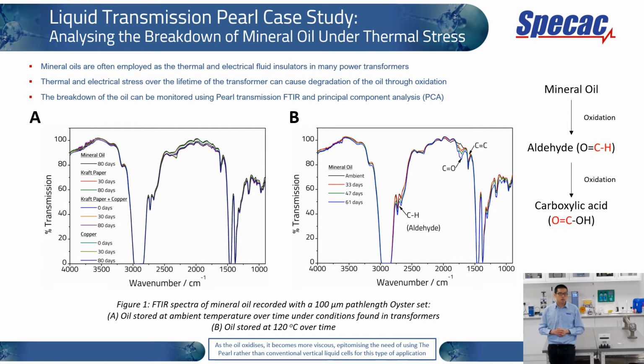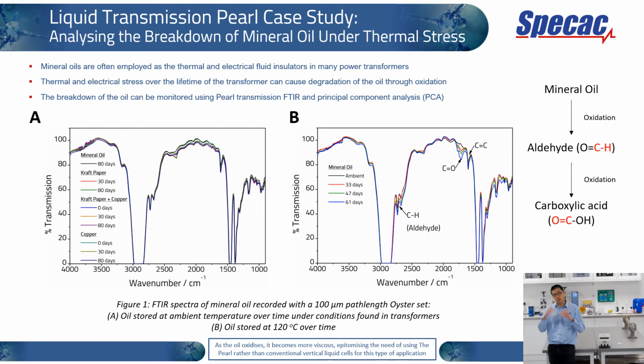So here in figure 1, we have 2 sets of spectra. We have figure 1A and figure 1B. In 1A, it's just a set of spectra looking at the mineral oil in different environments over time at ambient temperature.